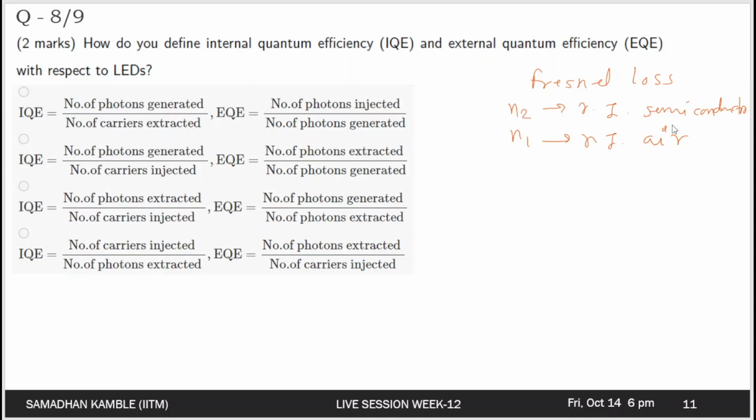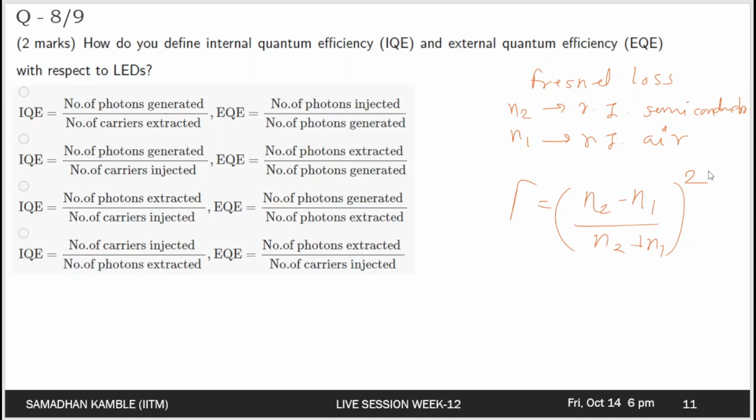The reflection coefficient we have seen is given by (N2 minus N1) over (N2 plus N1), whole squared. The reflection coefficient means the fraction of incident photons that are reflected, and this effect is called the Fresnel loss.